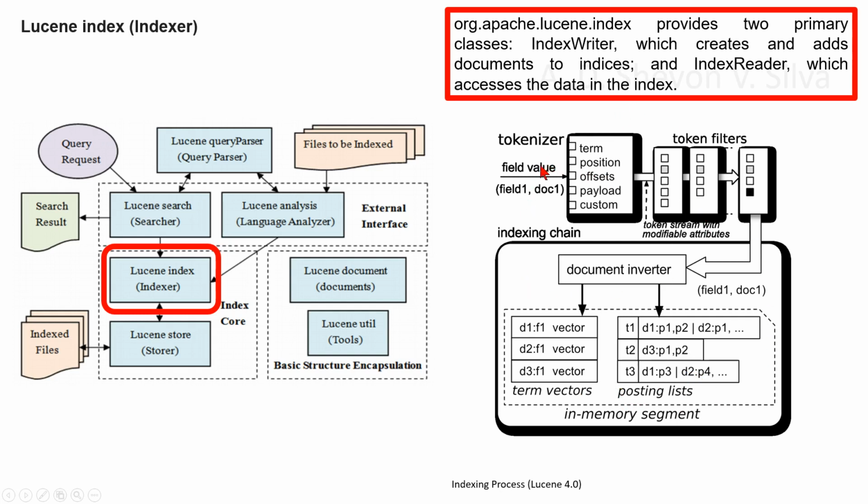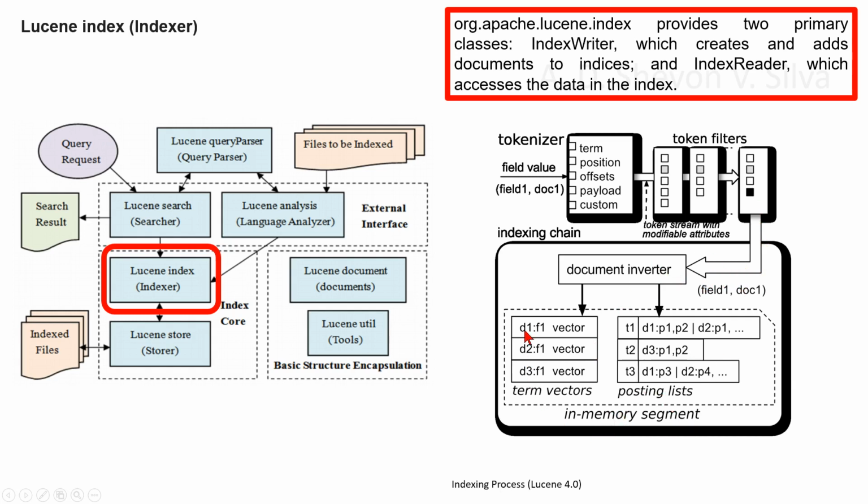Here you can see the tokenizer. Field 1 of doc 1 is connected to the tokenizer. You can see term, position, offset, payload, and custom attributes in the tokenizer, and it is connected to token filters via a token stream with modifiable attributes. Token filters are connected to the document inverter. Here you can see the indexing chain and the in-memory segment.